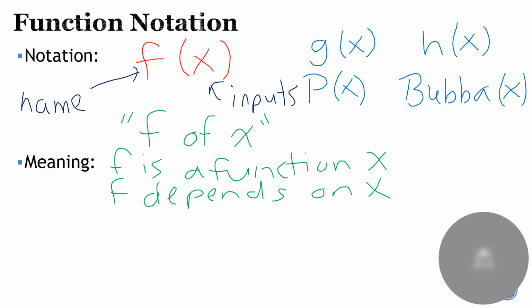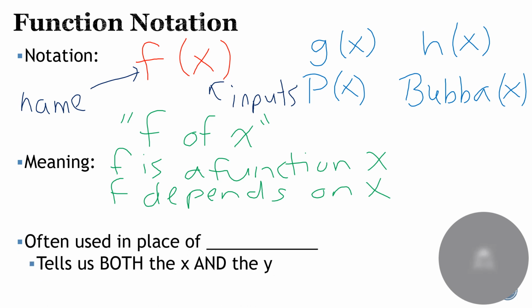Okay, so f depends on x, or f is a function of x. It just means that you have a dependent and independent variable, and those are your inputs and your outputs. Your output depends on your input. What you get out of the function is determined by what you put in the function, and your x's are your inputs.